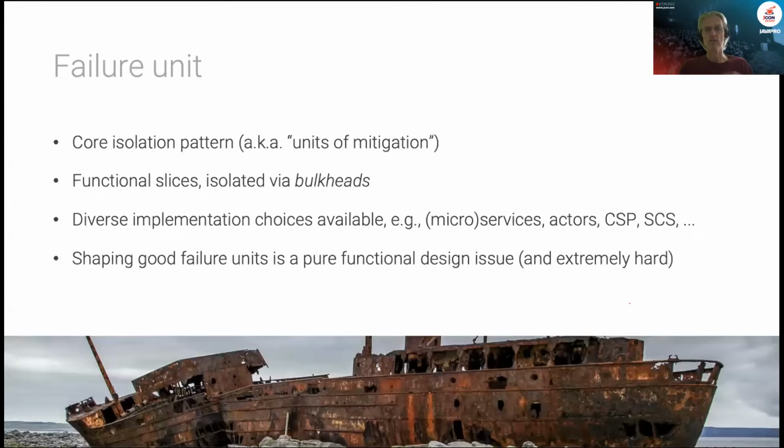You may have actors or communicating sequential processes, so coroutines, or self-contained systems, or whatever. And that's not the hard one. The hard one is the functional level: deciding which part of your functionality goes where, into which of these failure units. That's a pure functional design issue, and it's extremely hard.